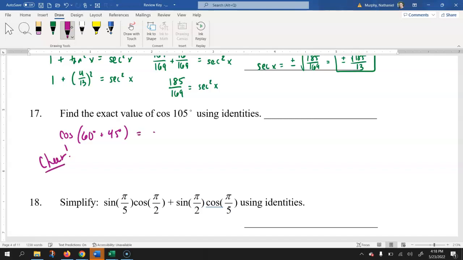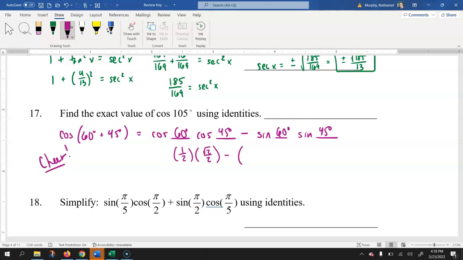So remember, that's going to be cosine, cosine, sine, sine, so change the sign. So let's plug in our 60 degrees and 45 degrees, and let's solve each of these. So now the cosine of 60 degrees is 1/2. The cosine of 45 degrees is square root of 2 over 2.